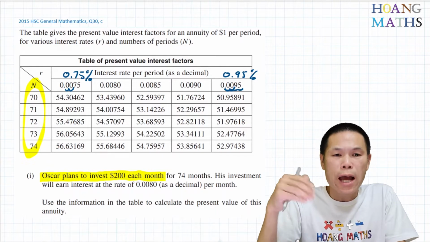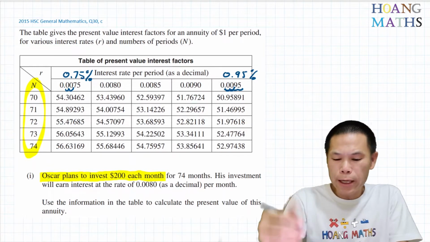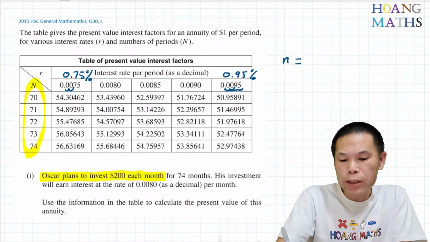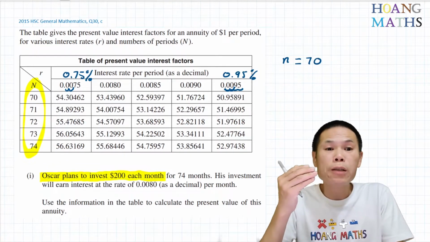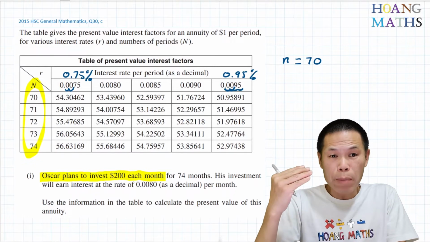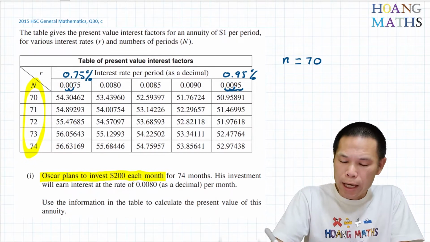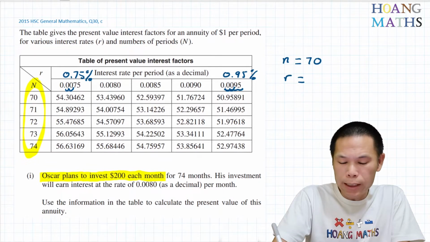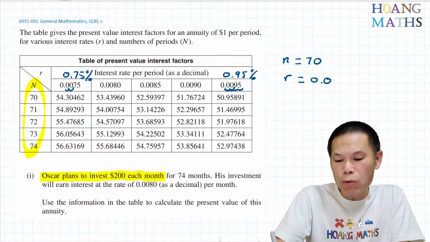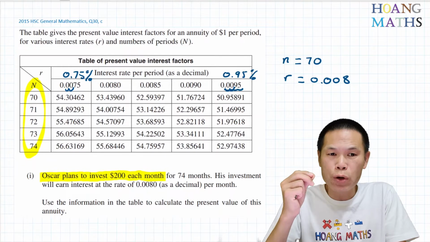Let me show you how the table works. Let's say I have N equal to 70. This means that I make a regular payment of $1 for 70 times, okay? Just remember that. And let's say the interest rate is 0.008, so that is 0.8%.